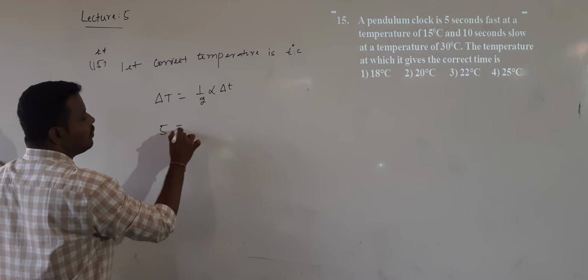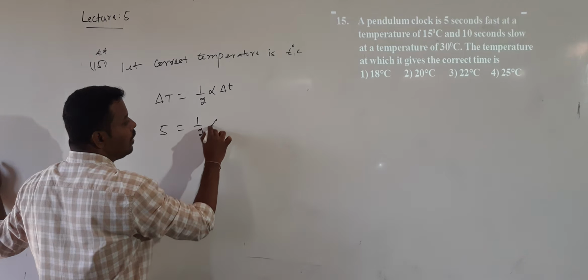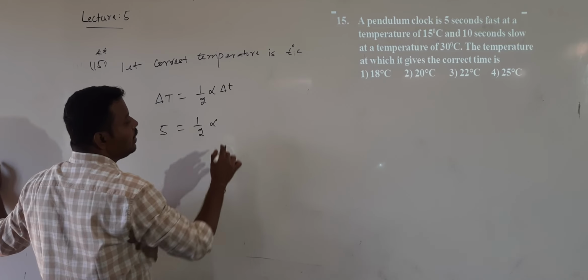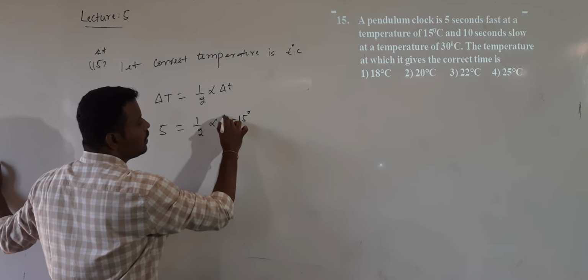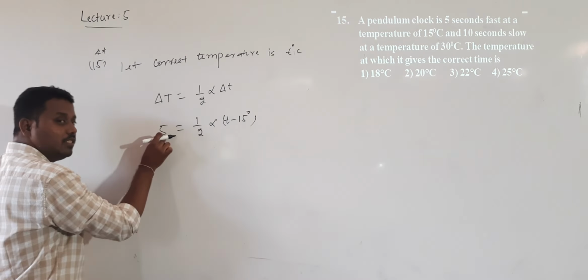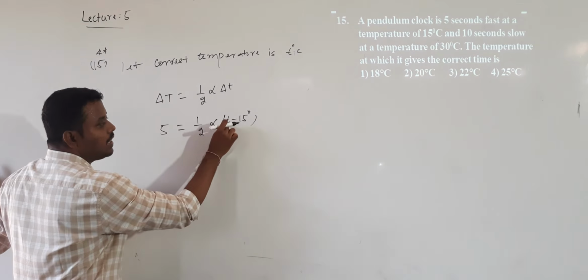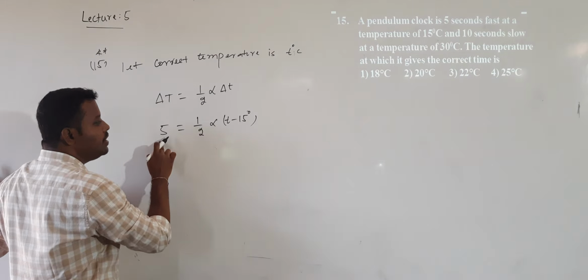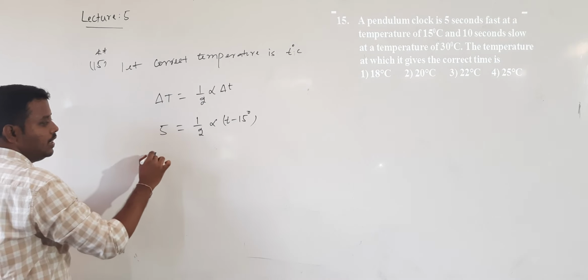The clock runs fast by 5 seconds, so 5 will be equal to 1 by 2 alpha into delta T, which is final temperature minus initial temperature. At 15, which is less than T, 5 is equal to 1 by 2 into alpha into T minus 15.